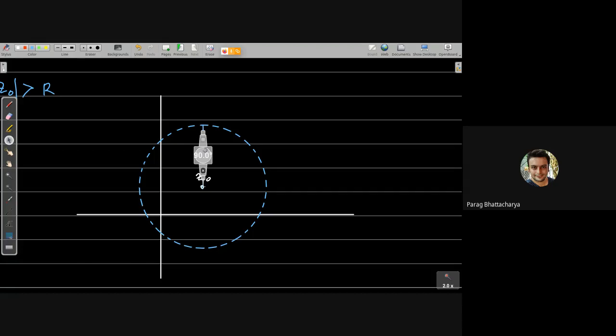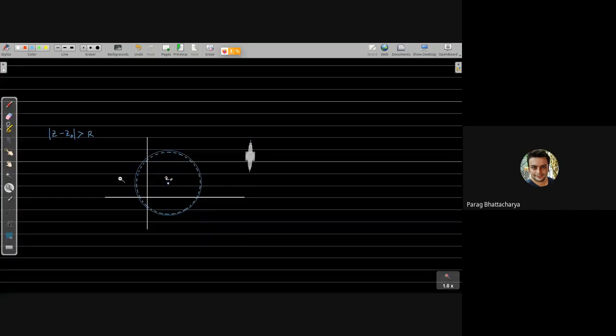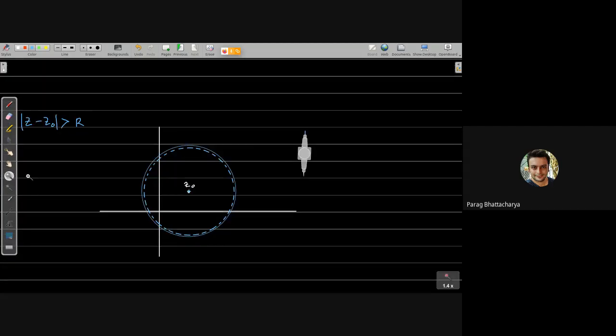So let me make a slightly bigger circle here. We are interested in this region which is outside the circle.